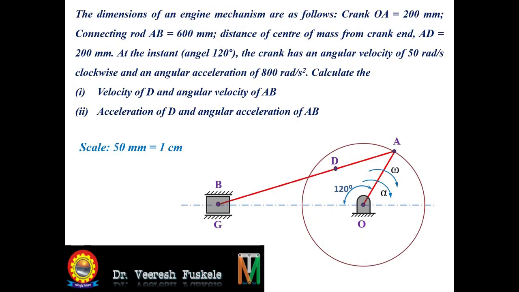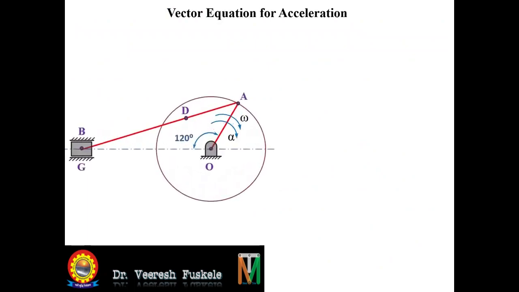So having drawn the configuration diagram, we proceed to draw the acceleration diagram. So before drawing the acceleration diagram, we will write down the vector equation for acceleration. The point B will get the motion or the slider will get the reciprocating motion as the link AB will move, and the link AB will get the motion as the crank will be rotating.